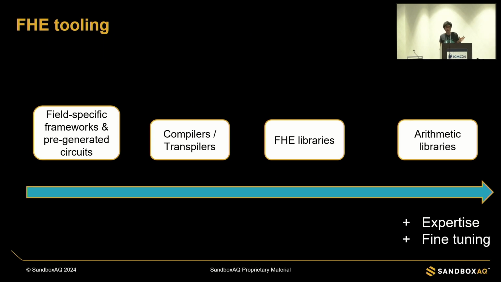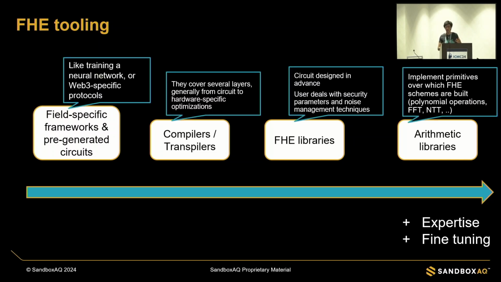And what I see is that the tooling goes from the more generic entry-level thing to the arithmetic libraries, for example, where you require more expertise in order to be able to use this in an effective way. For example, we can have frameworks or pre-generated circuits for well-known functions, like training a neural network or some specific protocols.